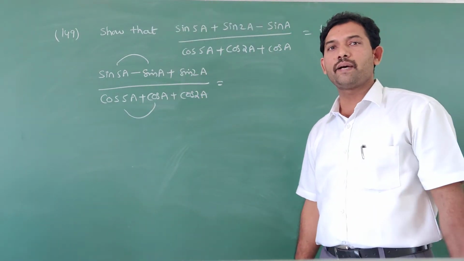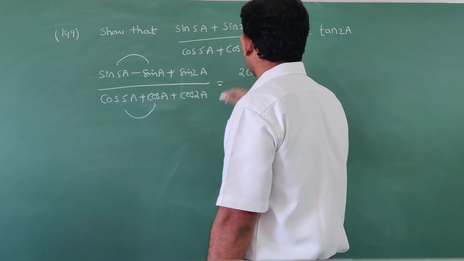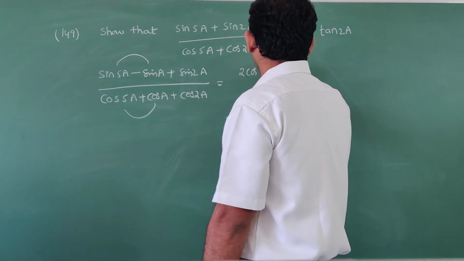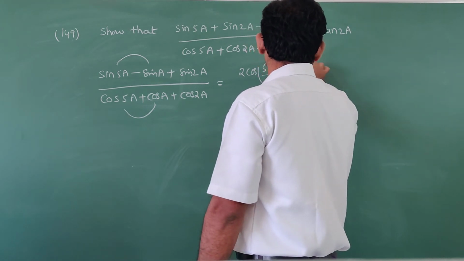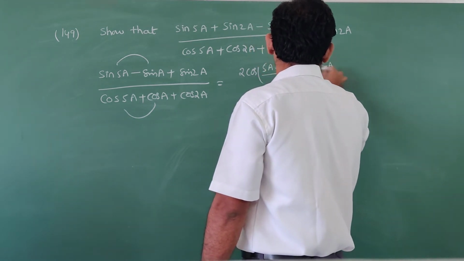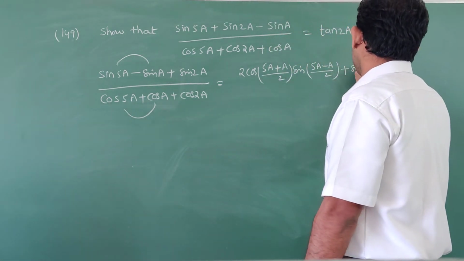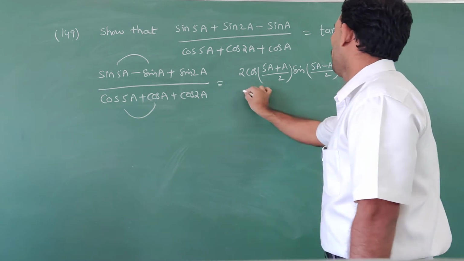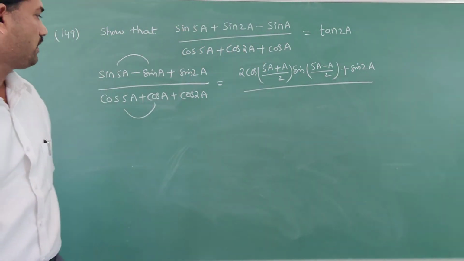Now apply the sin x minus sin y formula for these two. So 2 cos((5a+a)/2) sin((5a−a)/2) plus sin 2a, whole divided by cos 5a plus cos a.